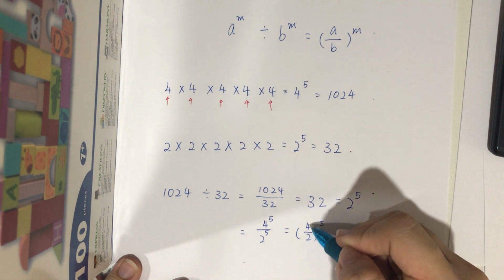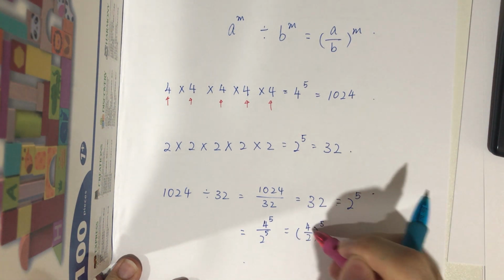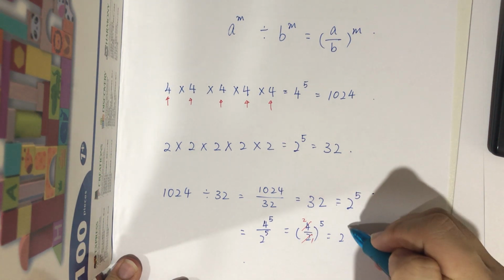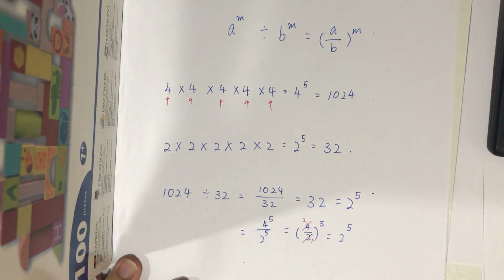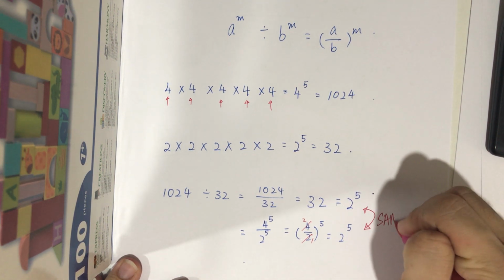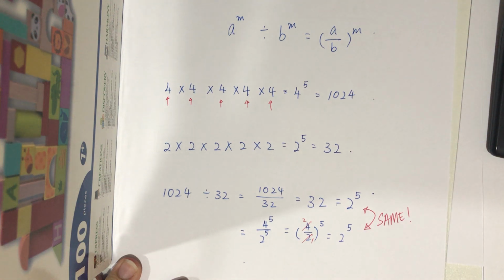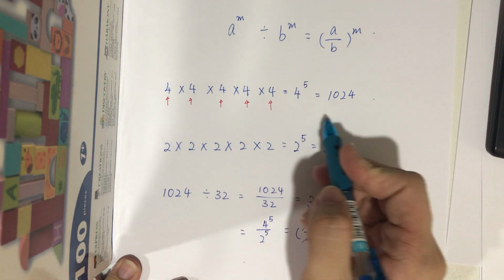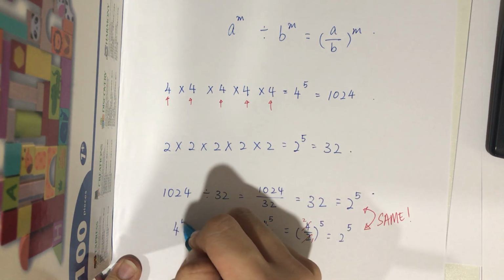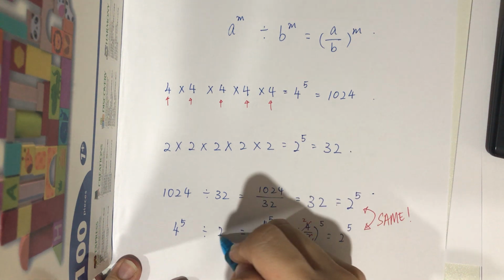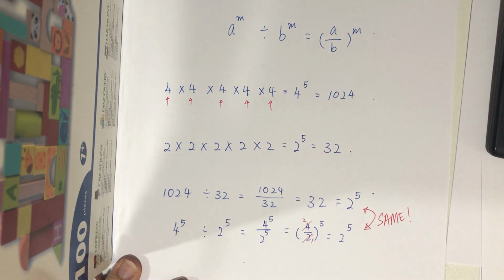Now in this case you can cancel off 2 and 4, so actually I get 2 to the power of 5. So it's the same thing, you can see. So 1024 is from this 4 to the power of 5 divided by 2 to the power of 5. So you can see how it translates.